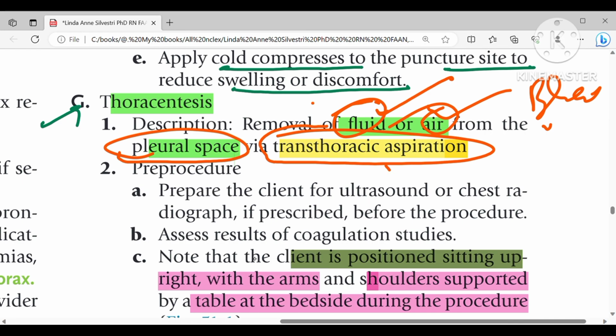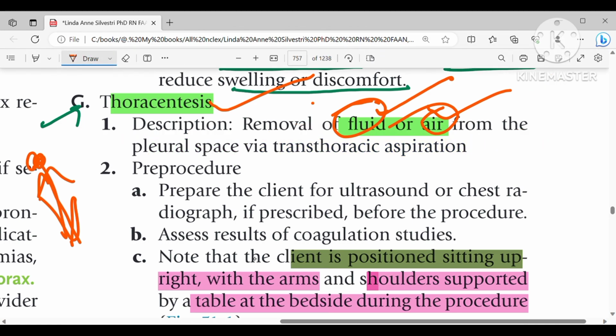We take that out by transthoracic aspiration. So we are taking fluid or air from the pleural space by a transthoracic aspiration. So we will aspirate that blood or fluid or air by that transthoracic aspiration. Okay, thank you.